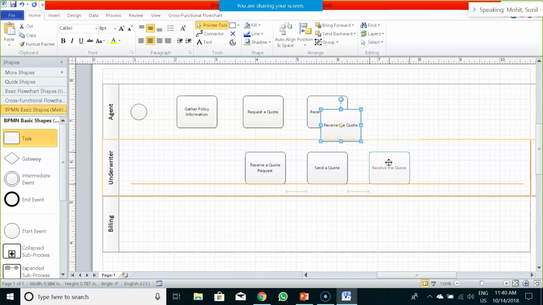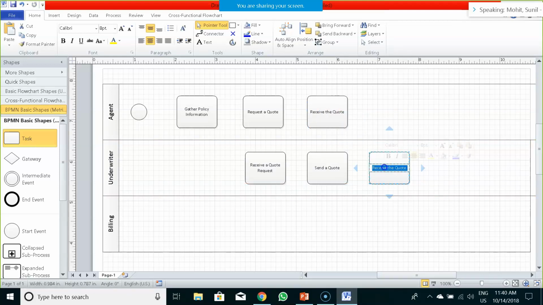Sunil, in the real world environment of an insurance company, is the process used exactly in this way to map the flow, or are internal processes also considered while plotting it? For example, assessing the risk will also be the underwriter's responsibility, right?